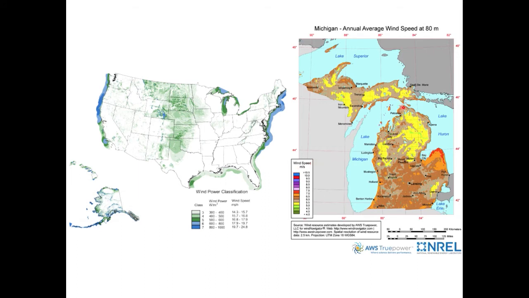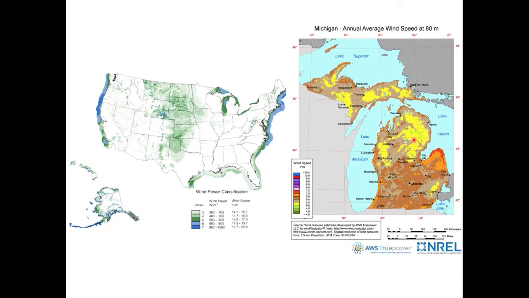So when we look at the state of Michigan, you can see here Lakes Huron, Lake Michigan, Lake Superior, all of the coastline and areas within a few tens of miles of the coastline, they have the highest sustained wind speeds. So these are the areas that are targeted for wind development.